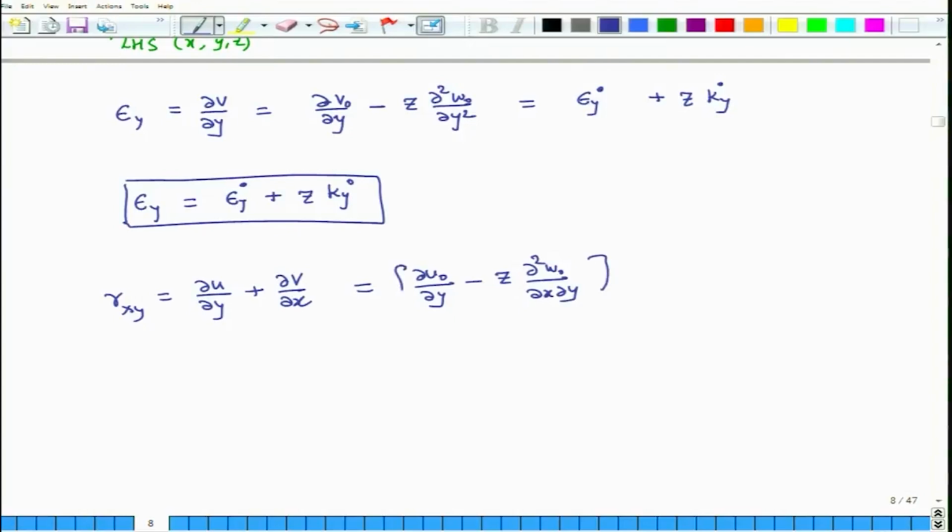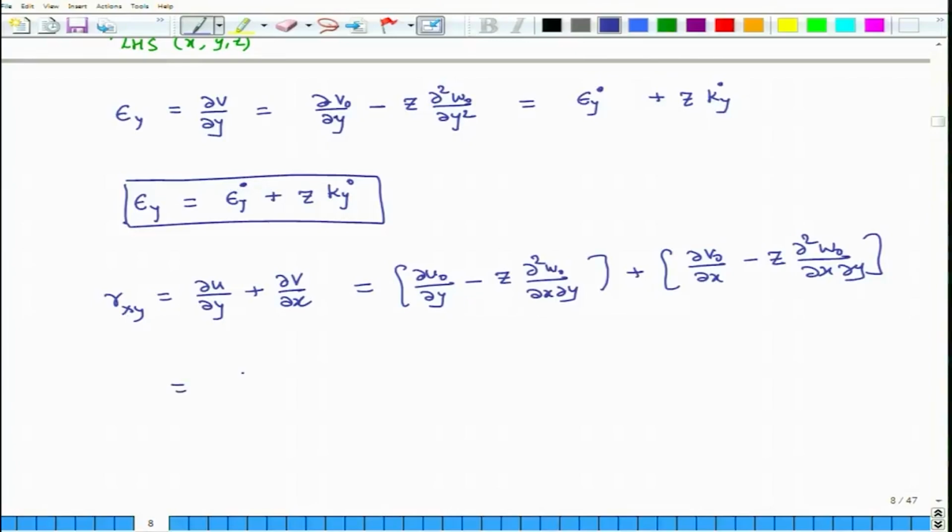This is the first part, plus del v naught over del x minus z del 2 w naught over del x del y.